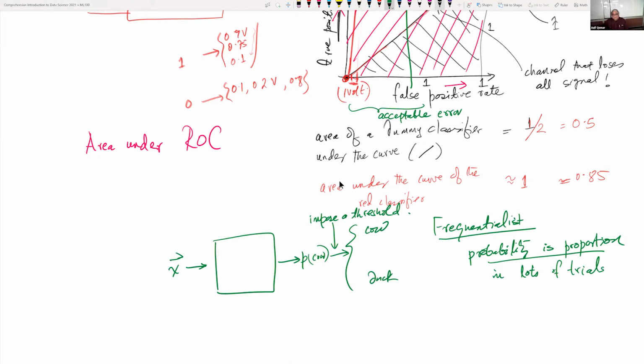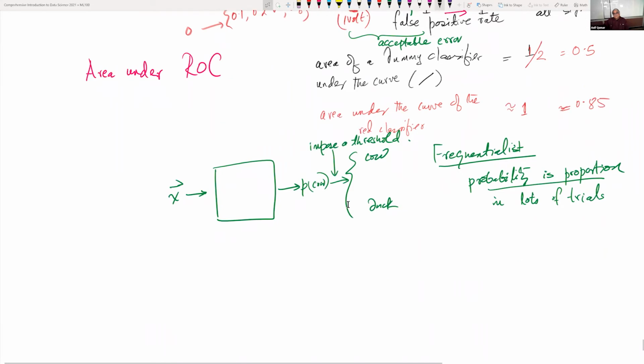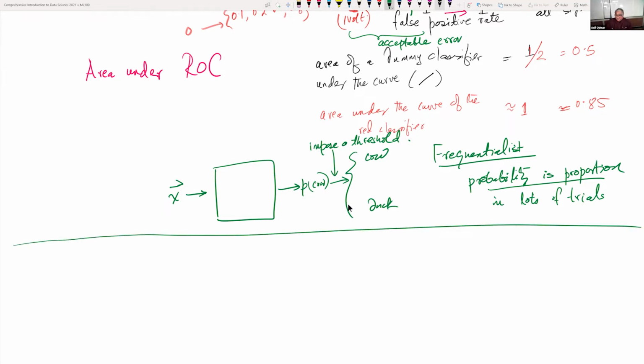So I wanted to bring this up once and for all, that probability at its heart has two interpretations. But now I'm going to use one of them to make the argument, to introduce two more concepts. One is surprise, right? So bear with me, guys. So we will say, how do you quantify surprise?